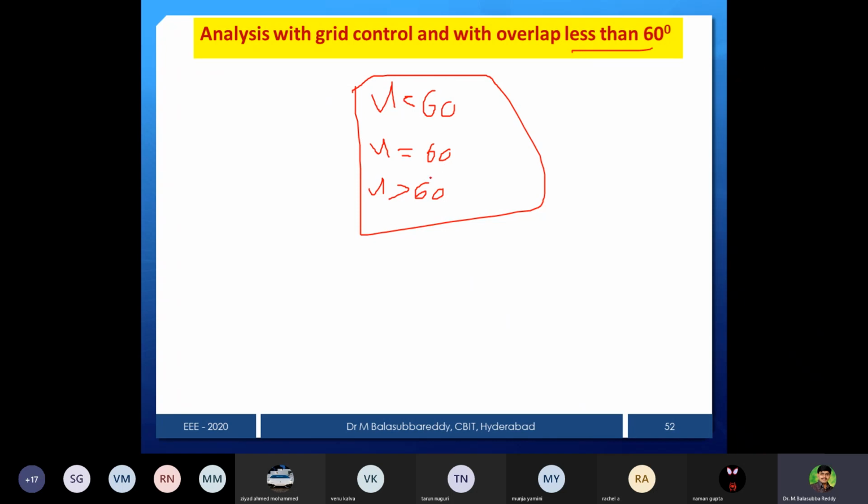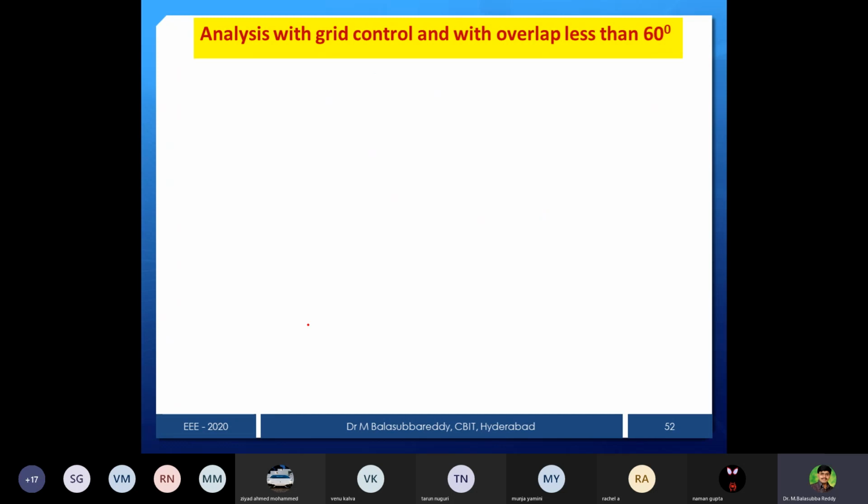If mu is less than 60 degrees, as I showed in the previous overlap diagram, to get one full average output voltage, within a 60 degrees interval, two sub intervals will come into the picture. That must be very clear, and all of you must note this.